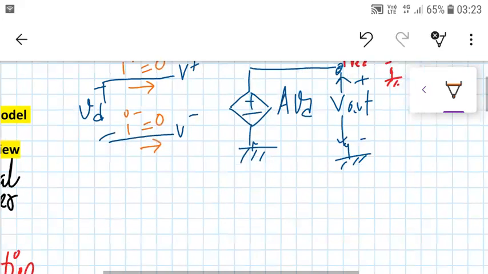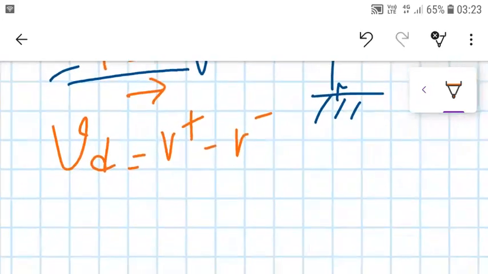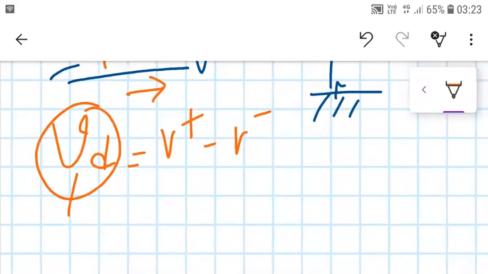And this VD, let us explore this VD. VD is called the differential input voltage. So VD is given by V plus minus V minus. And how do you define VD?